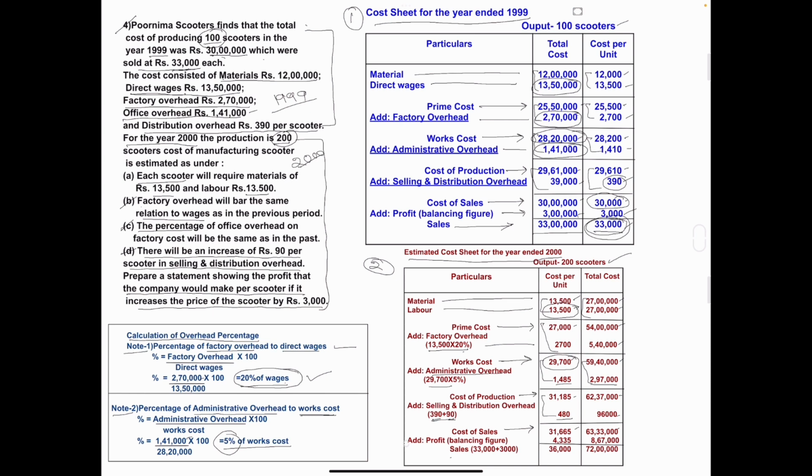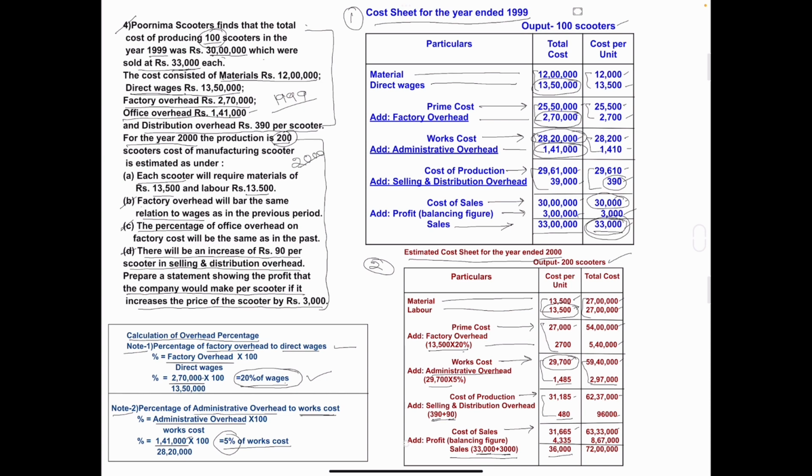So write sales: previous amount is 33,000 plus this year's increase of 3000, total 36,000. So in the year 2000 the scooter is sold for rupees 36,000. This is per unit, per scooter.